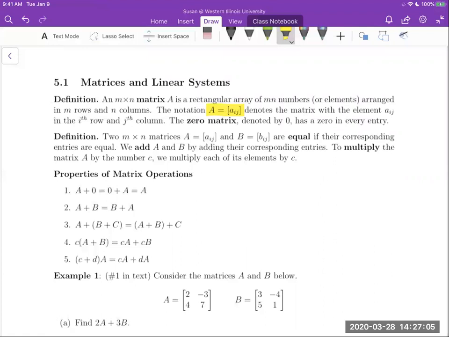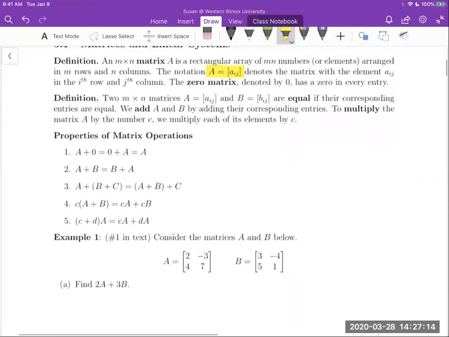The zero matrix is just the matrix that is comprised of solely zeros in every single entry. We can define 2 matrices to be equal if each of their corresponding entries are equal. So we're looking at row 1, column 1, that entry is the same as the entry in row 1, column 1 of matrix B, et cetera, et cetera.